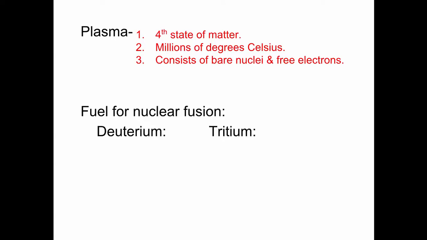These sorts of conditions exist in stars. Nuclear fusion uses two isotopes of hydrogen, usually deuterium and tritium, and fuses them together to form helium and a neutron.